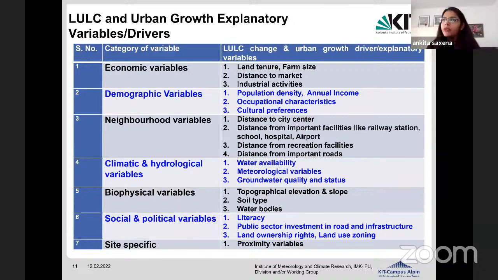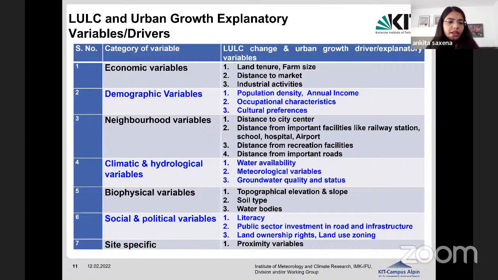If we talk about economy, urbanization definitely depends on it: what's the land tenure, farm sizing, distance from urban locations to market, what is the accessibility from your urbanization to market, industrial activities, how far the industrial place is from your residential area. Sometimes it is understood that industrial activity should not be mixed with residential. So these come under economic variables.